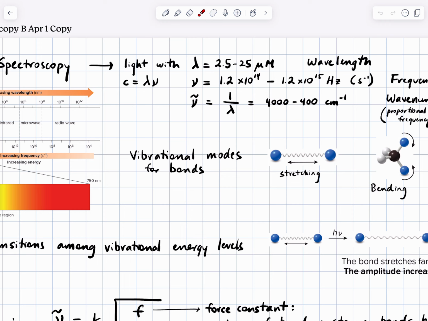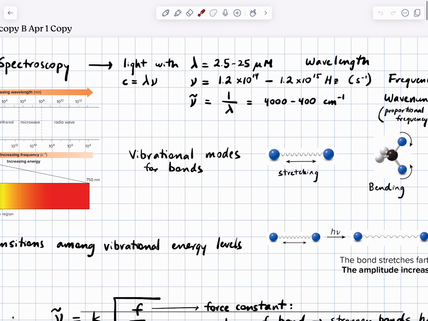So they chose something that worked okay, and that is the inverse of wavelength, where wavelength is expressed in centimeters. It's bizarre. I don't know why. But the term we will use for wavelength is called wave number. It's 1 over wavelength, and it's in units of inverse centimeters.